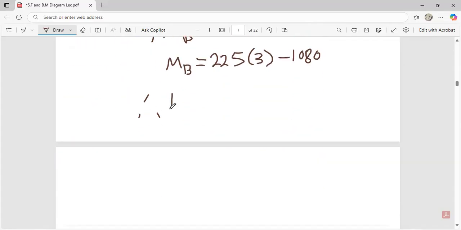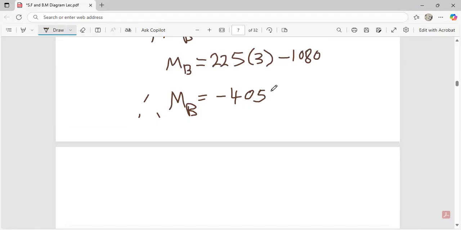Finally, you realize that your MB, or let me say, moment at B. If you input this on the calculator, you're going to be getting minus 405 kilonewton meter. This becomes negative 405.